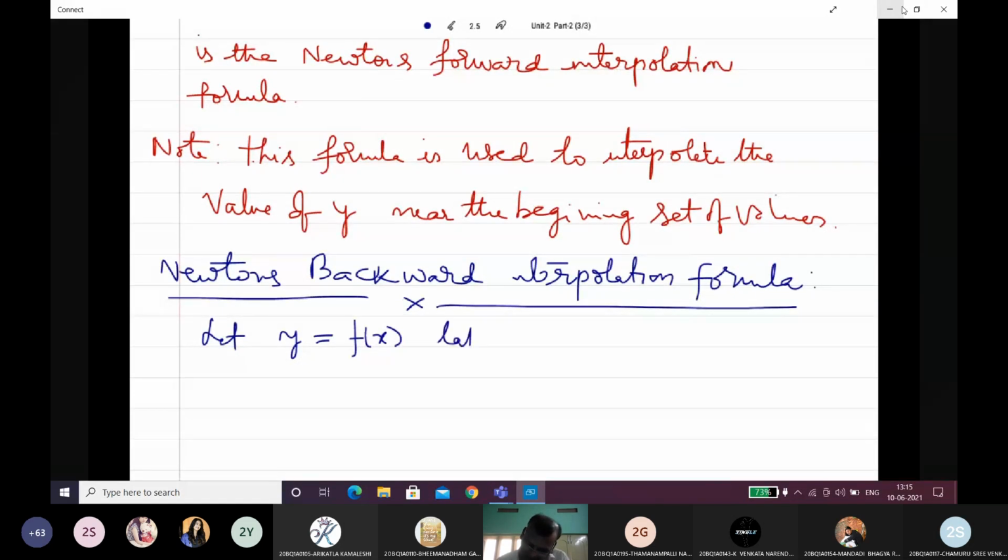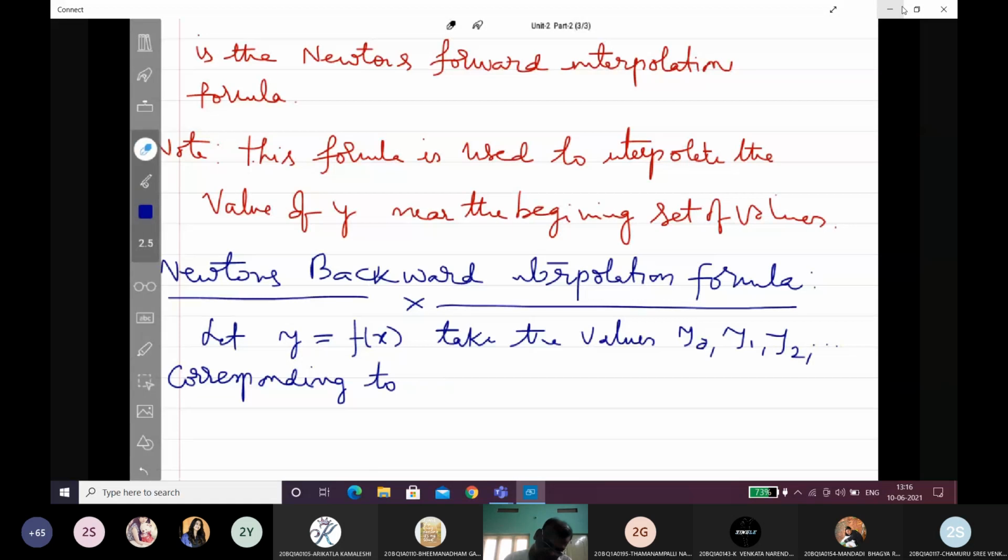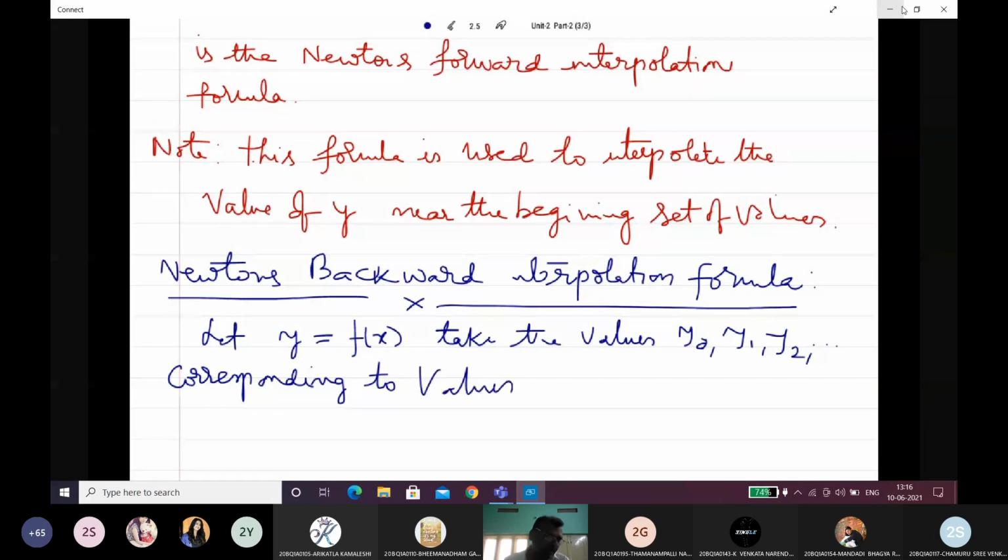Take the values y0, y1, y2, and so on, corresponding to the values x0, x0 plus h, x0 plus 2h, and so on, of x.